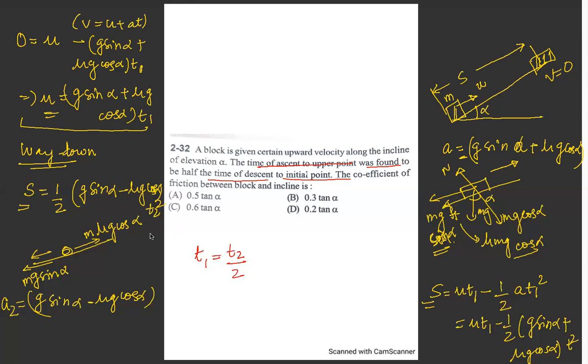From both these equations, you can find out t1 and t2. Answer is option C. I'm leaving this task for you, you can solve it later. All these things I have written down and you have to compare and find it out. Okay.